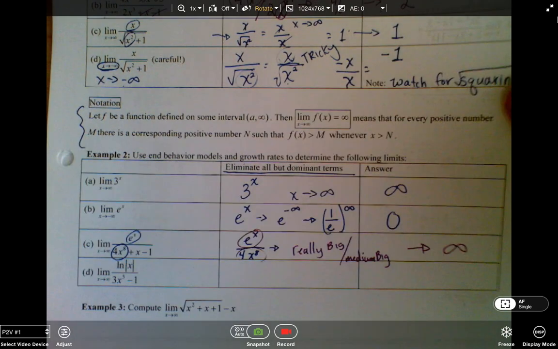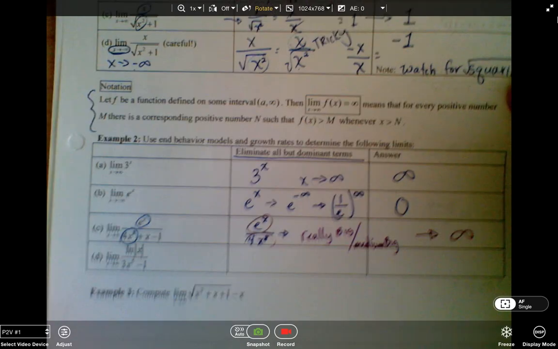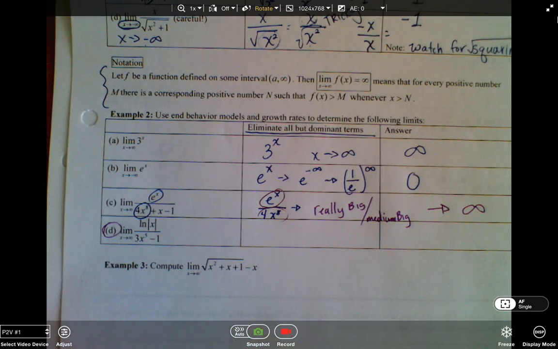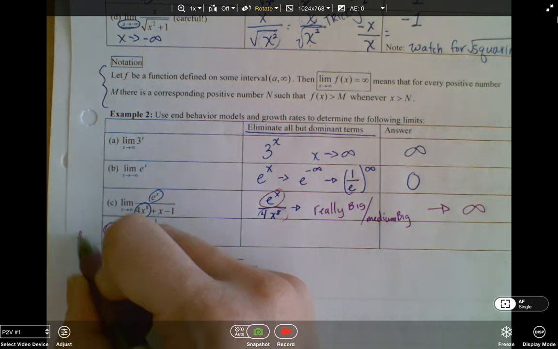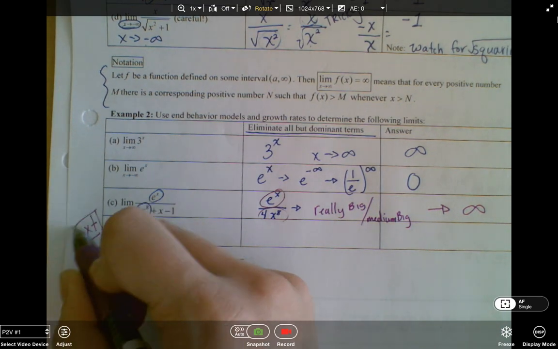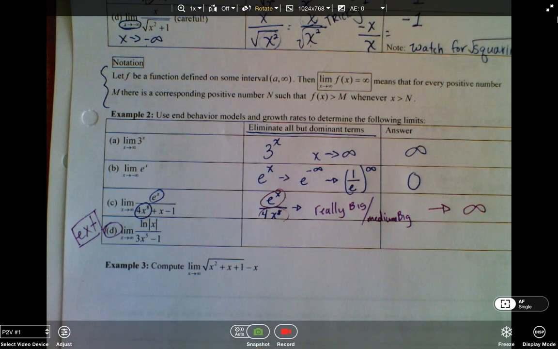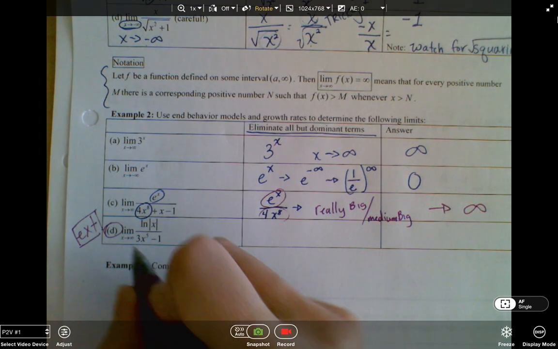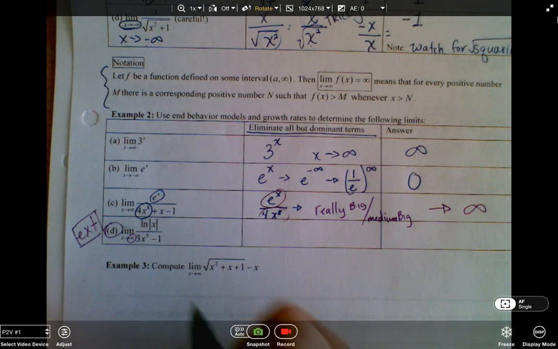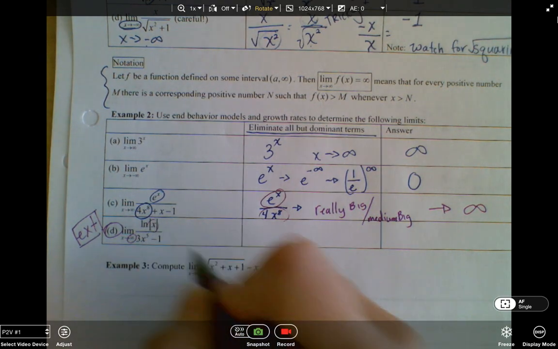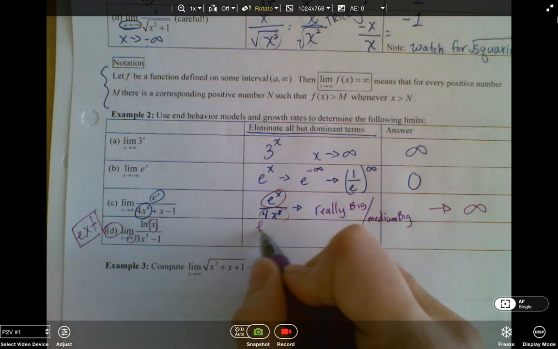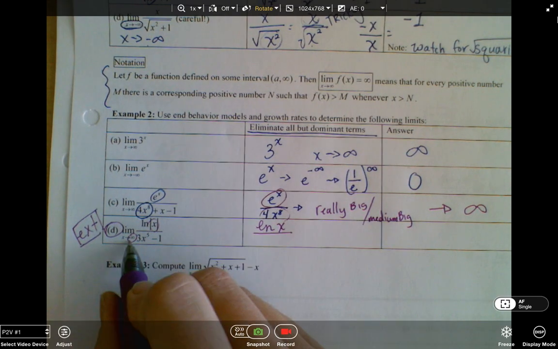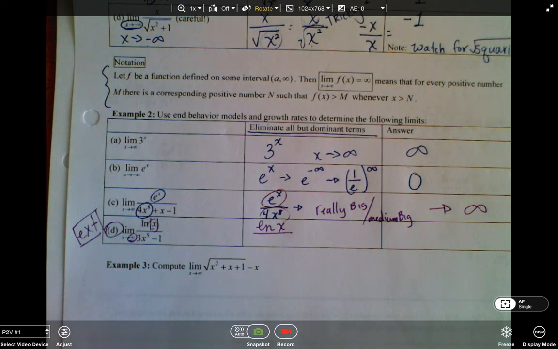Now here, this guy's a little bit tricky, because we're looking at some absolute values and some natural logs. So if this one does not really click for you, that's okay. It's more of an extension question at this level, but we can come back to this after we've talked about logs if you'd like. So the natural log of positive infinity, if I'm going to positive infinity, that means that this number should be positive. So I can just say that I'm talking about the natural log of a positive number, because if I plug positive infinity into an absolute value, I get out a positive number.